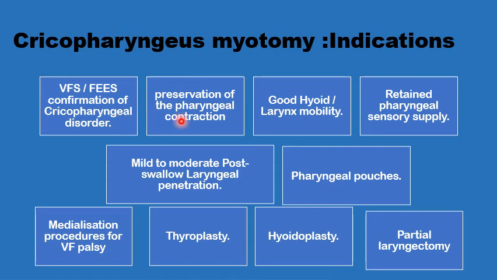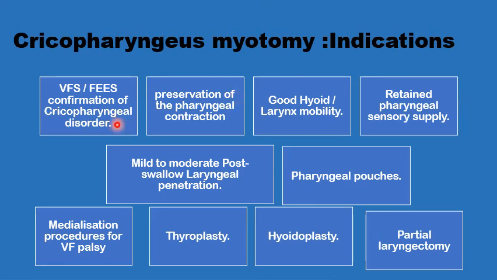But preservation of the pharyngeal contraction is essential, and a good hyoid and laryngeal mobility is also essential, since a myotomy in the presence of bad hyoid and laryngeal elevation or anterior rotation would not provide good results. And the sensory supply of the pharynx should also be confirmed to be present.